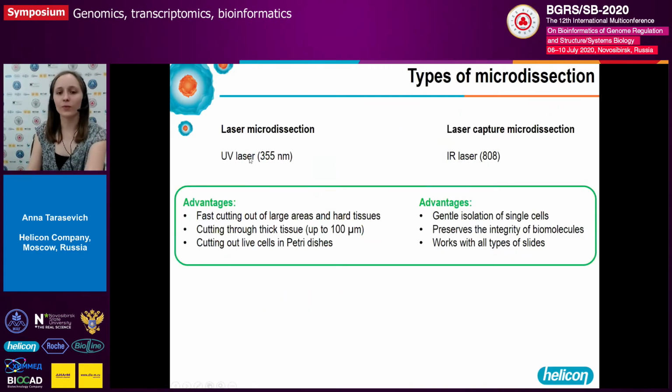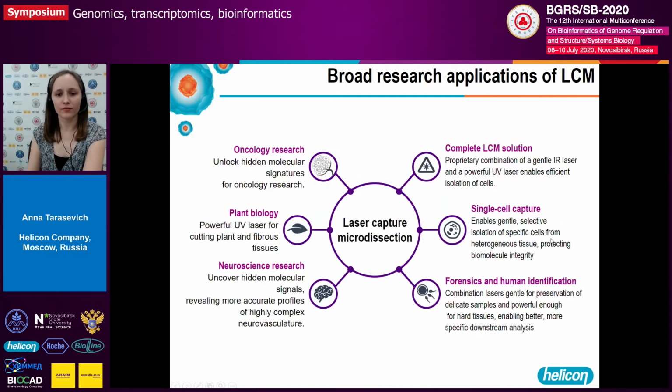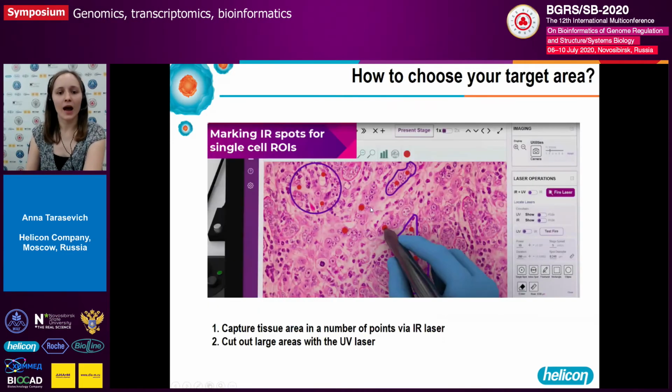So in this system, we can profit from the advantages of both lasers: hard tissues and fast cutting, live cell cutting, and single cell analysis. So really, there's a huge number of downstream applications. This is a screenshot of the program where we can see how we select our target areas.